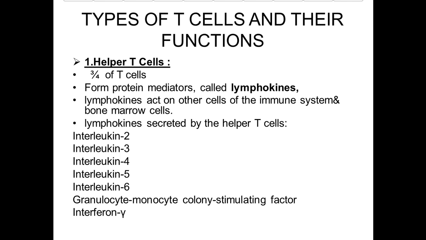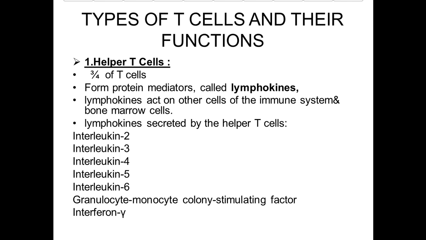Types of T cells and their functions. First is the helper T cells. About three-fourths of the T cell population are helper T cells, which form protein mediators called lymphokines. Lymphokines act on other cells of the immune system and bone marrow cells.